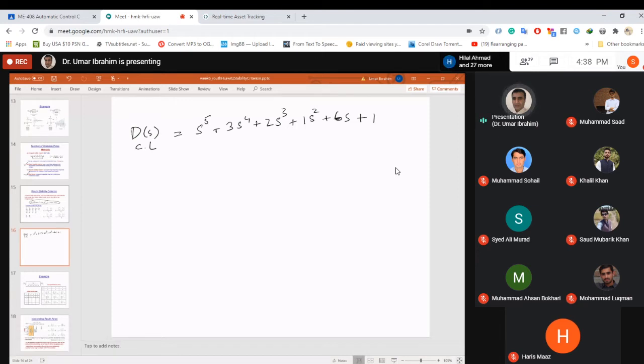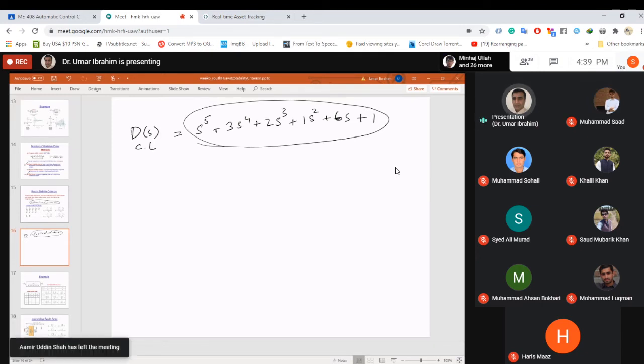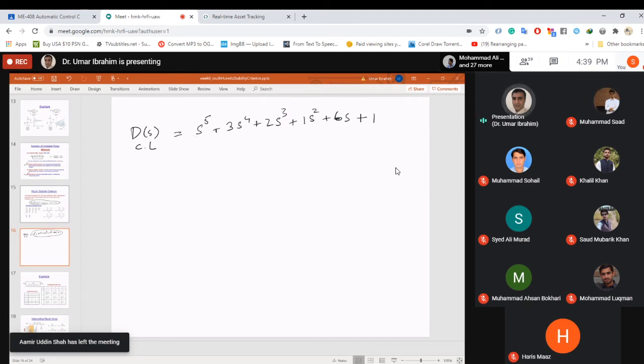Okay, which we derived a little while ago. Now I'm using a different characteristic polynomial because I need a slightly higher order characteristic polynomial to explain how to come up with the Routh stability table.